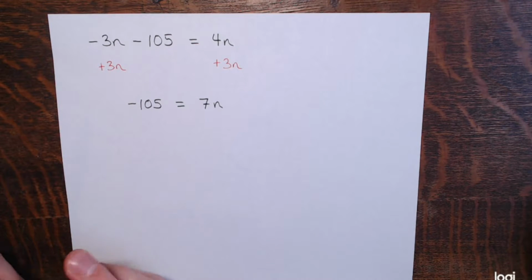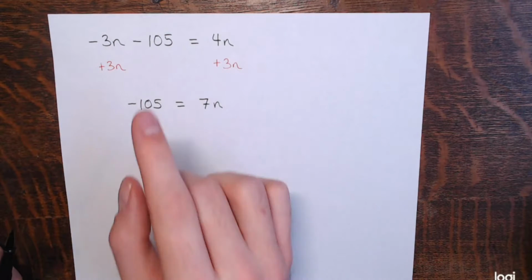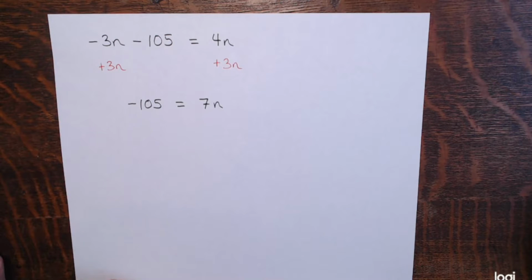So you add and subtract after simplifying. You add and subtract until you get all the terms with the variable on one side, terms without the variable on the other side, like I have here. And simplify after every step. Then after the adding and subtracting is done, you do multiplication and division.